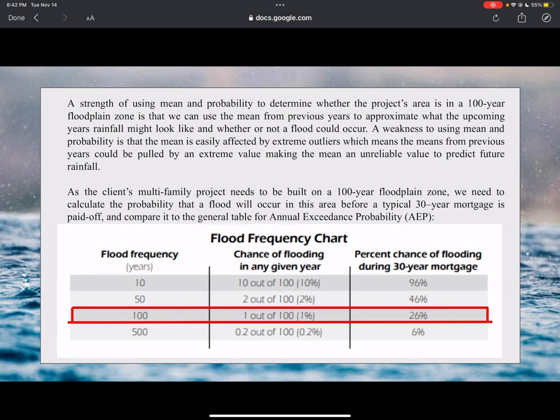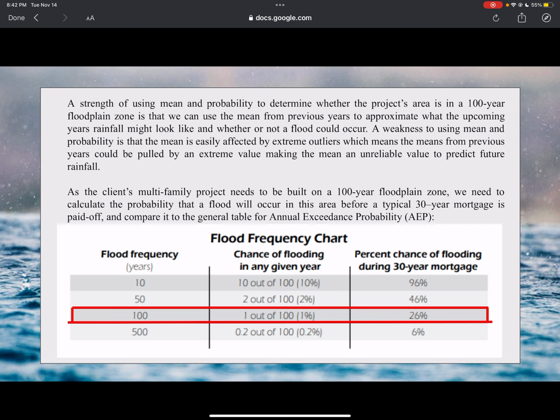What are some strengths and weaknesses of the topic or technique? The technique we chose today is mean and probability and how they can help determine whether the project's area is in a 100-year floodplain zone. The strengths of using mean and probability is that we can use the mean from previous years to approximate what the average rainfall for the coming years might look like and use that to determine the likelihood of a flood occurring.